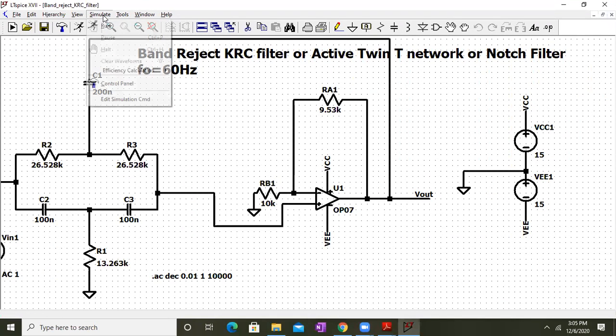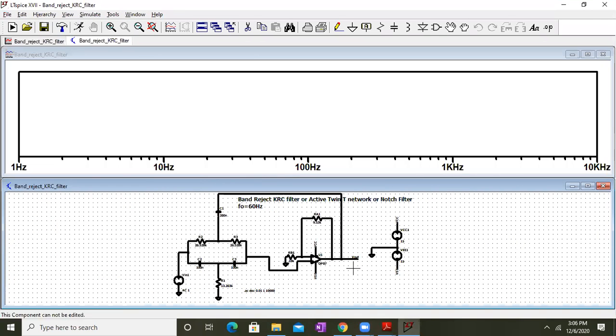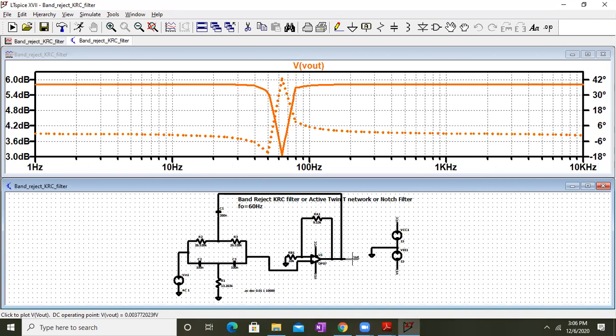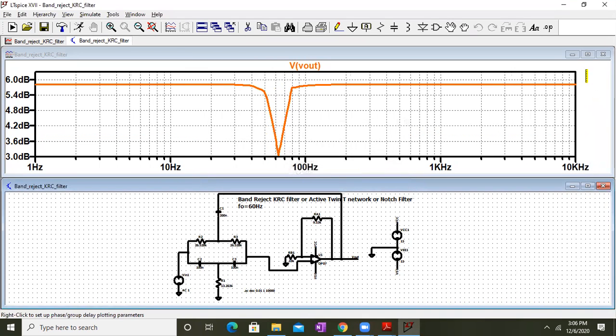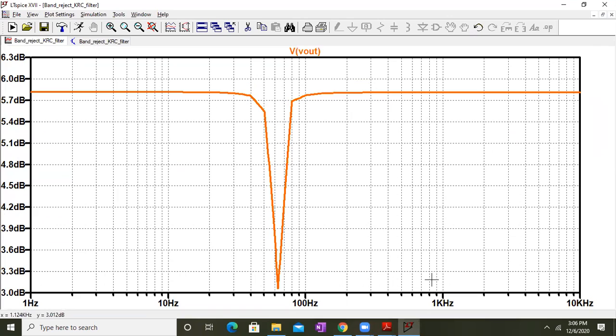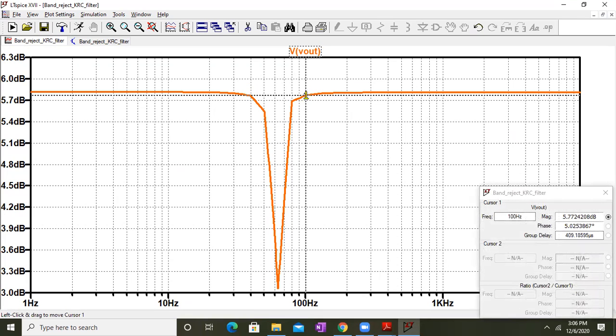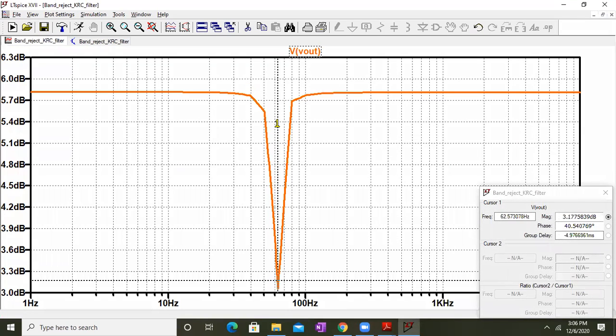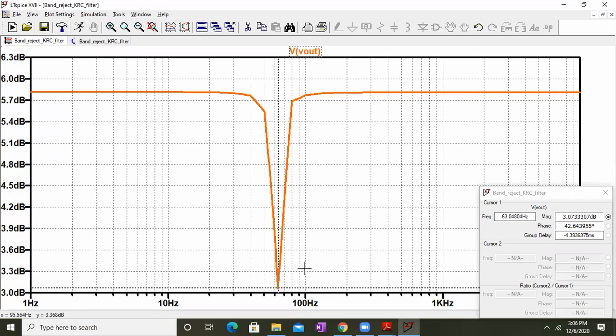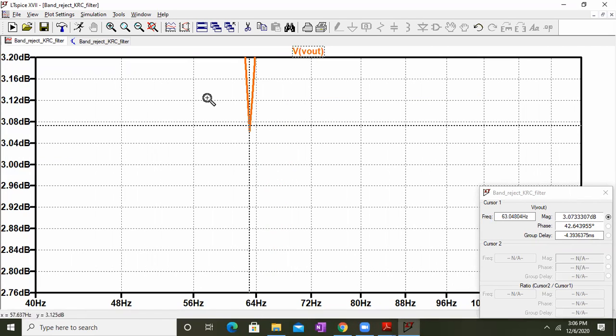Now let's check whether it gives a notch response or not. Yeah, it's giving perfectly good results over here. As you can clearly see, it's rejecting a unique frequency. Now let's check what that frequency is. It should be close to 60 hertz. So let me magnify this a little.